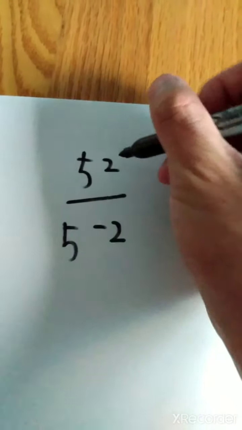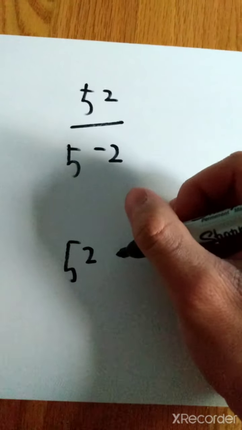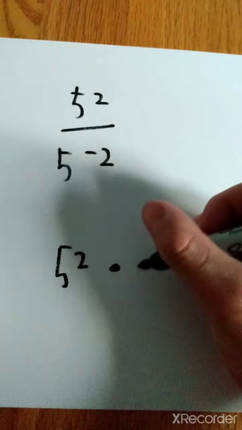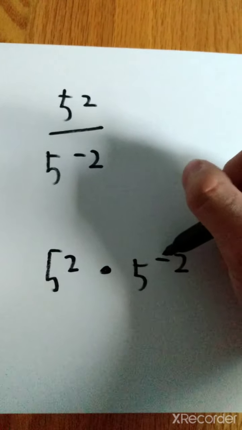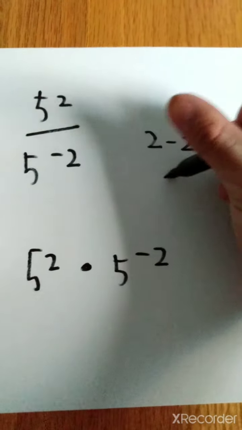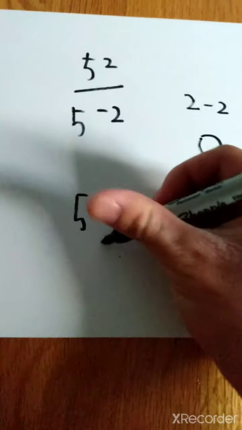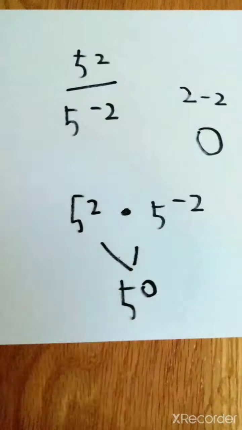So 5 to the power of 2 times 5 to the power of negative 2: 2 plus negative 2, which is the same as 2 minus 2, is 0. Whoa! We have 5 to the power of 0.